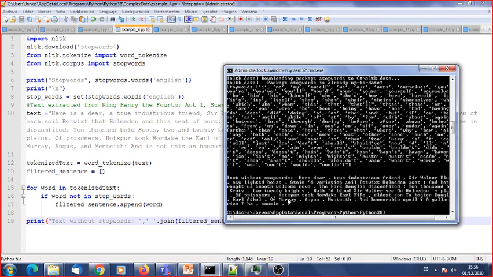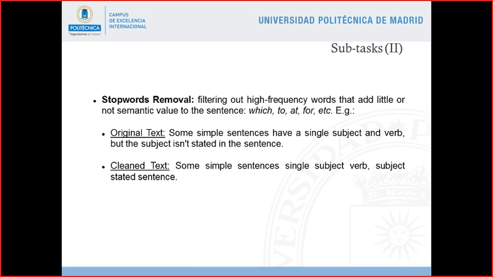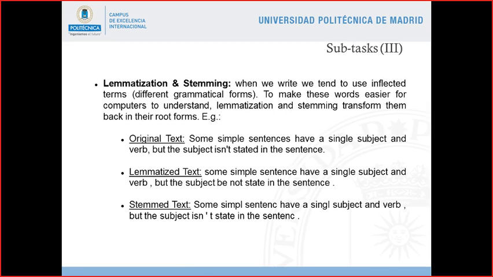Okay, so this is the second optional subtask. It's called lemmatization and stemming. In natural language processing, we can come across situations where two or more words have a common syntactic root, because these words are inflected, meaning they have different grammatical forms.